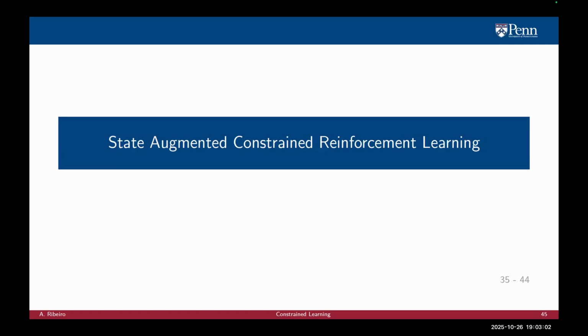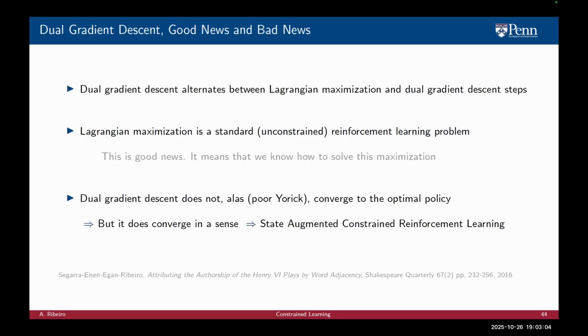So let me move to the previous slide and tell you where we are. We began the day talking about learning with constraints, either supervised or reinforcement learning. That, as I have argued several times already, is a fundamental problem, I would say, mostly for two reasons.